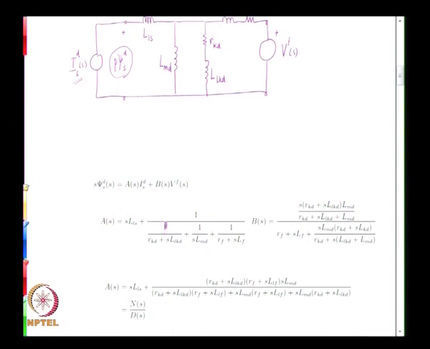So what would come for example here is this term multiplied by this term, and then similarly as a numerator for this you get SLMD multiplied by RF plus SLF, and if you look at the term here it is RKD plus SLKD multiplied by SMD.